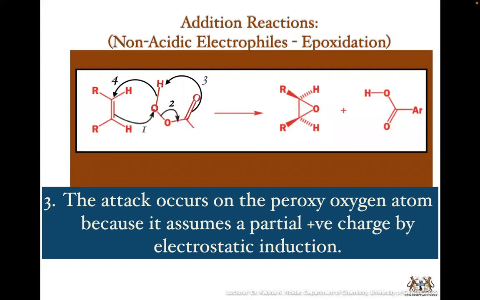So, ladies and gentlemen, this is a reaction mechanism that is concerted. It's one step, and it means that you have to keep track of the movement of the electrons. So again, we start off with moving the electrons from, if we label them, carbon 1, carbon 2.